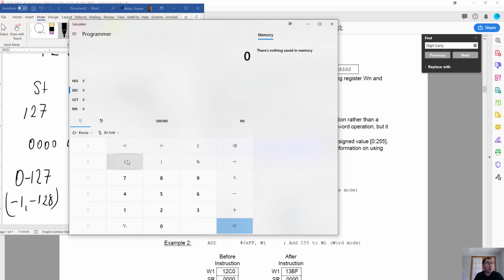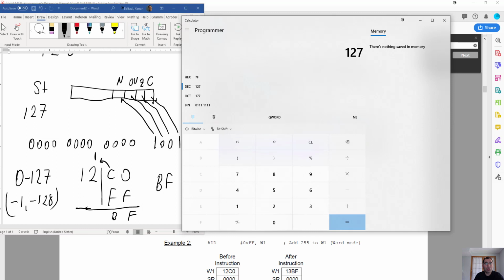Decimal 127 in hexadecimal equals 7F. Anything bigger than this is going to be a negative number, right? So if we go one further than 7F in hexadecimal, what's going to be the value?